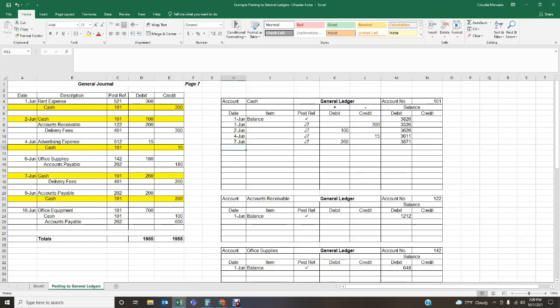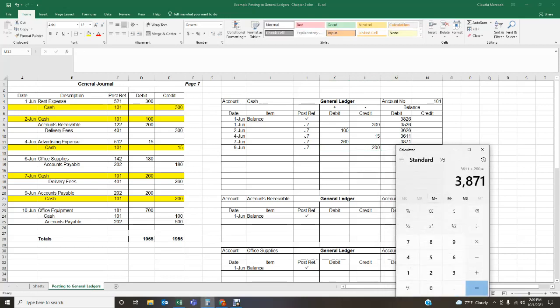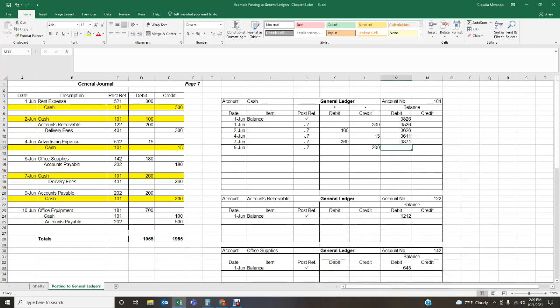So on June the 9th, I've got journal 7. I've got a credit of $200. So I spent $200. I'm going to get my ending balance of $38.71 minus $200. That's going to be $36.71. And then on June the 10th, I've got another transaction, another credit of $100.